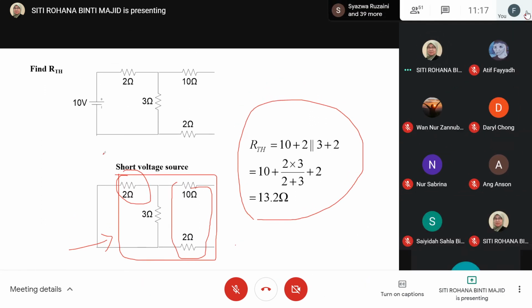Because after you remove all the sources, you only consider the original arrangement of the resistors. But it is a tricky part because it depends on how you understand series and parallel.